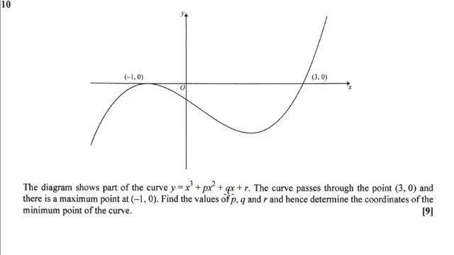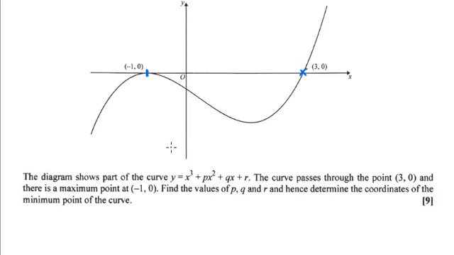We don't know any of the other coefficients of the equation, but we are told that this is a point on the graph, and that you can see it's a maximum point, and we've got its coordinates, and we're also told that it goes through 3, 0 as another point. So there's a couple of ways you can approach this question.